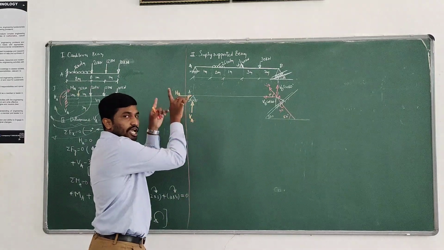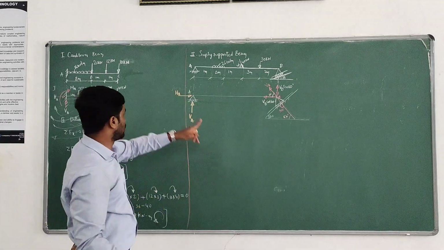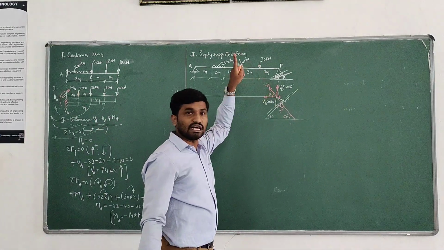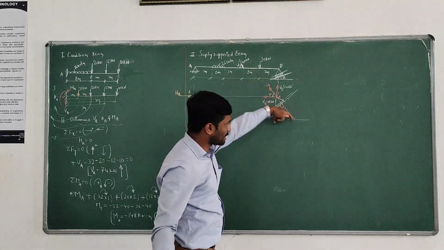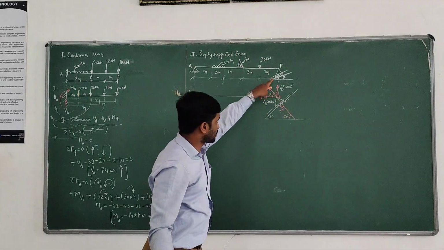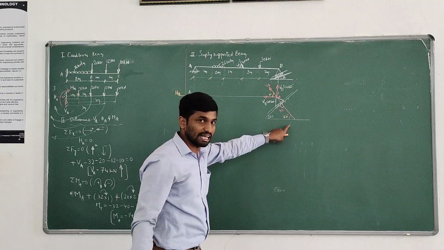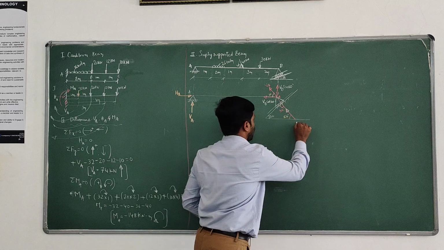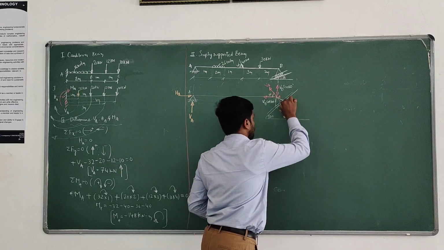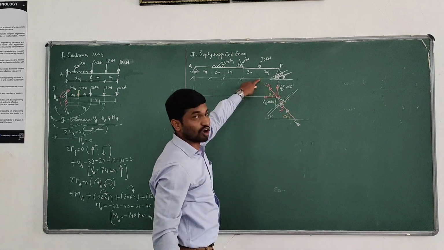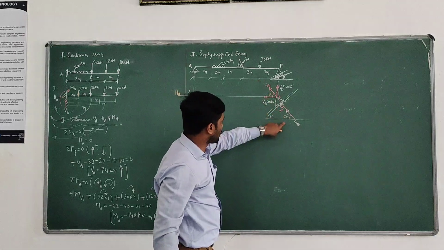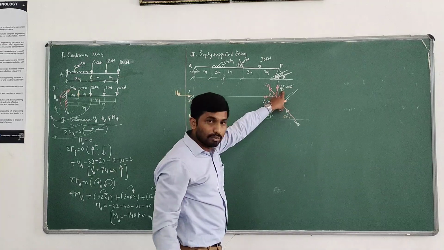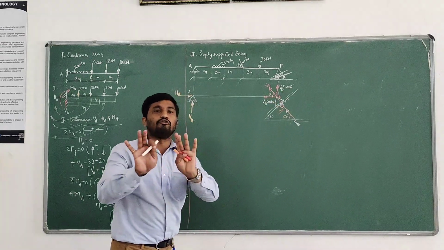Support A is a hinge, only 2 unknown reactions, HA, VA. Support B is a roller, an inclined roller. Drop a perpendicular, 90 minus the given 30 degrees gives the 60 degree inclination. By the principle of transmissibility, whatever the force VB here, it transmits at the joint at the same angle of 60 degrees. Resolve it: VB cos 60, VB sin 60. So this is the very first step.